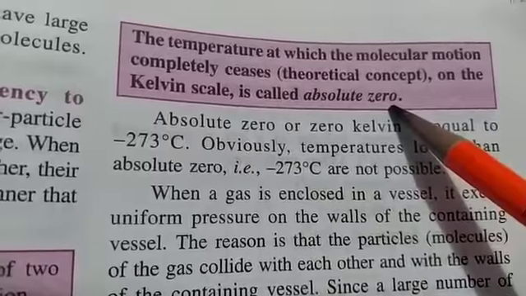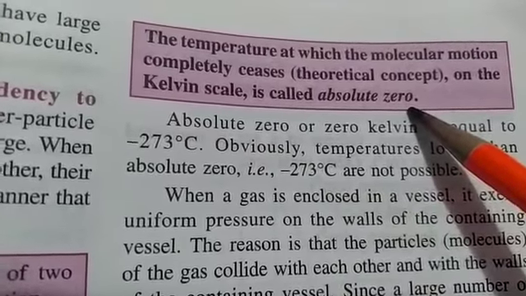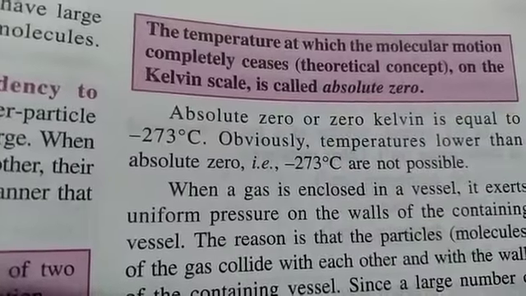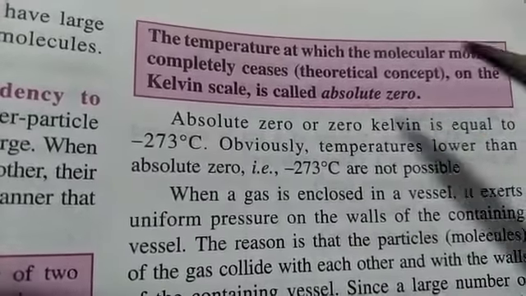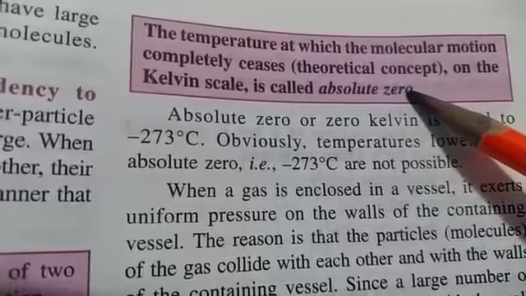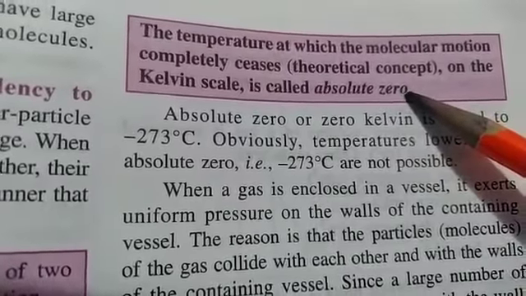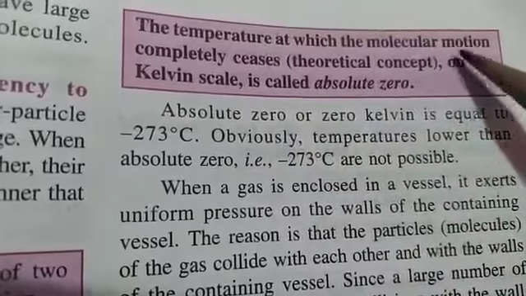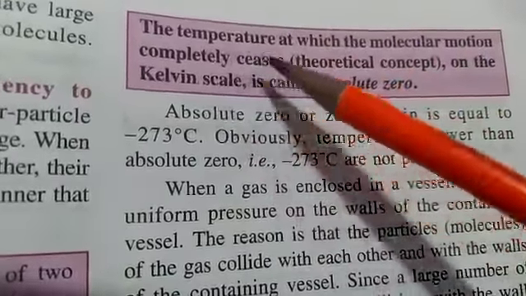Whenever we take the temperature down to the cooler side, the randomness of the particles decreases, and if we take the temperature to 0 Kelvin, the molecular motion will completely cease.